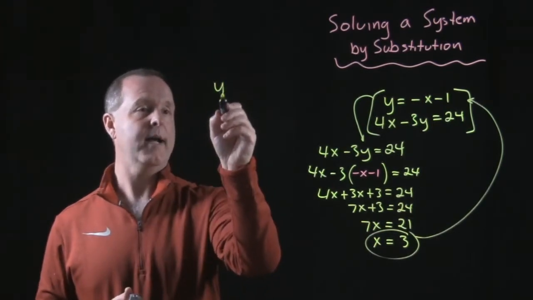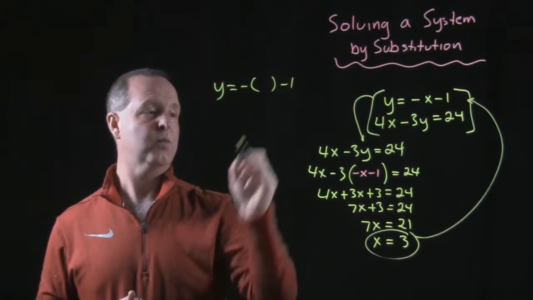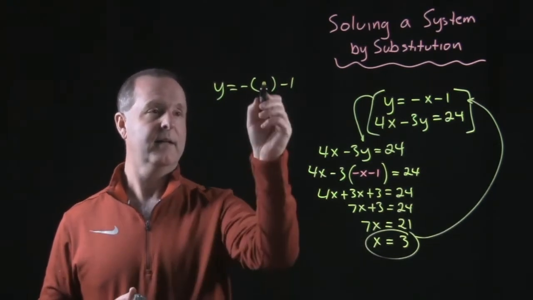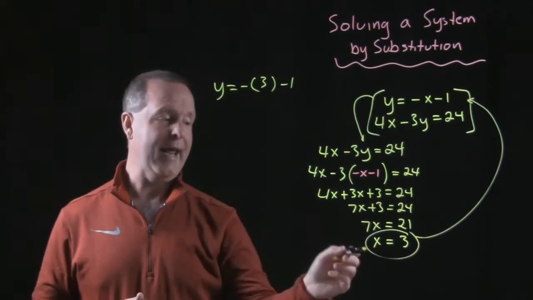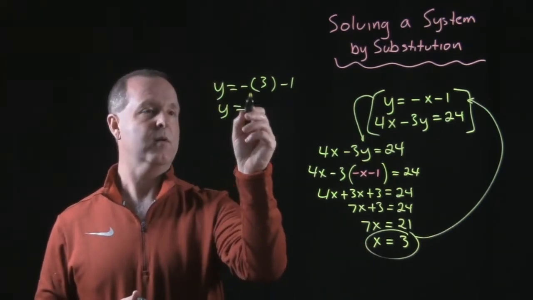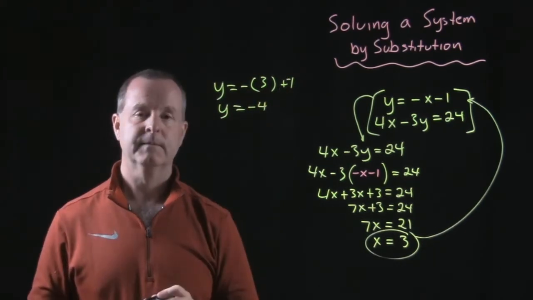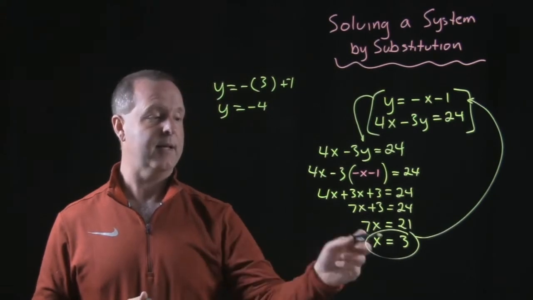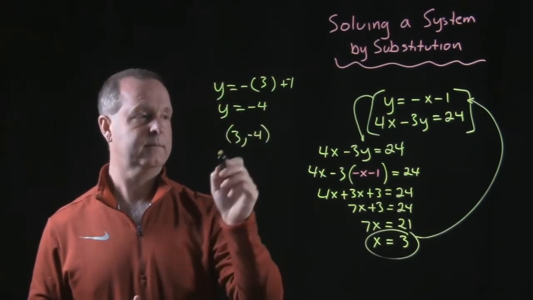So it becomes y equals minus x minus 1. I'll take this 3 and put that 3 in there because I want to find out what's the y when x is 3. Solving this out, y equals minus 3 plus a negative 1, which gives me negative 4. So the solution to my system then is the point (3, negative 4).